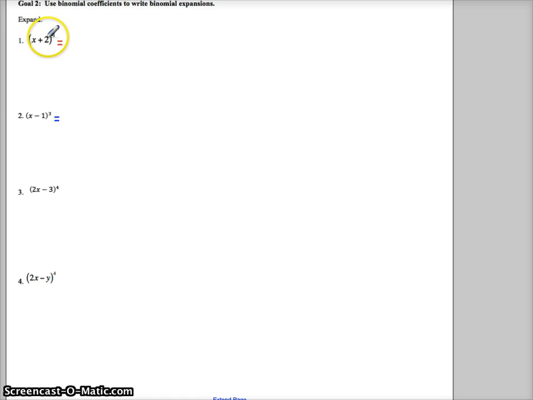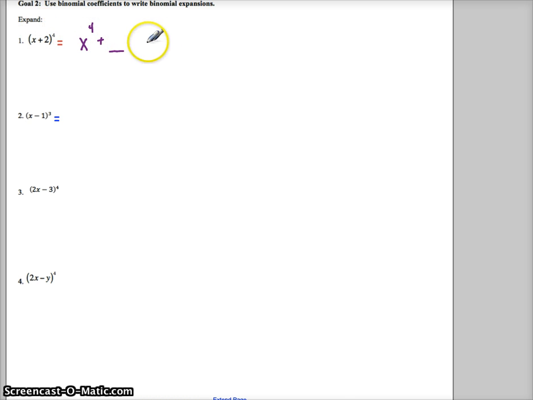So I'm going to begin by expanding x plus 2, then I will go back and place the coefficients. I know that the first term is always raised to the power of expansion, so x to the 4th, plus I will leave a space for my coefficient.